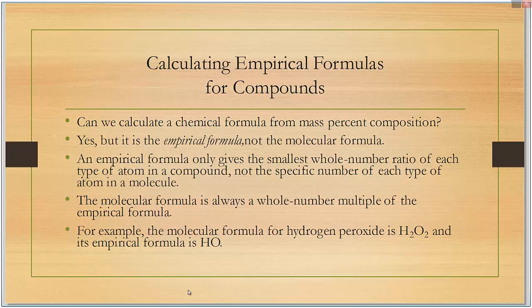The empirical formula tells you the smallest whole number ratio of the atoms in the compound. For instance, hydrogen peroxide is H2O2. The empirical formula of that is just HO. It can be reduced down. Another one you can look at is C6H12O6, that's sugar.